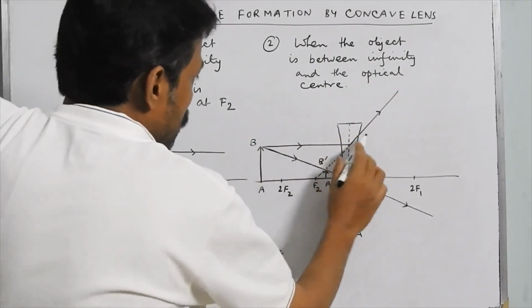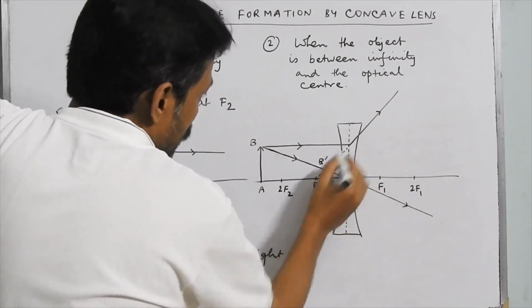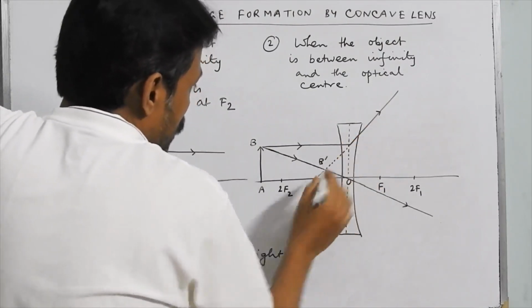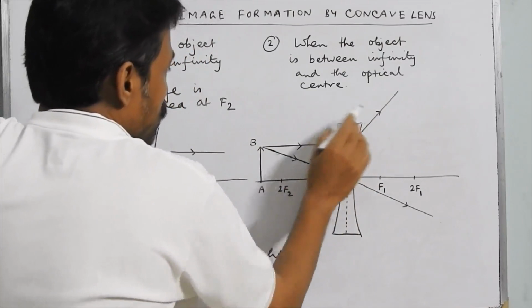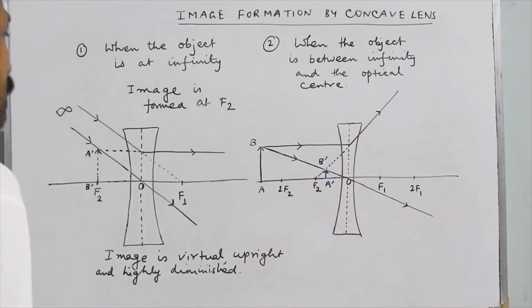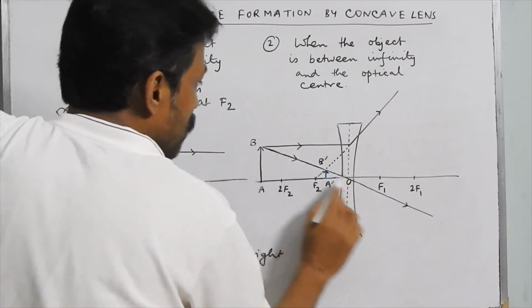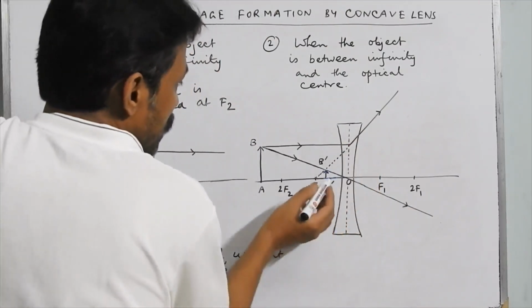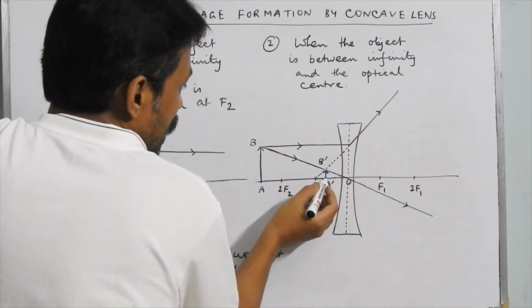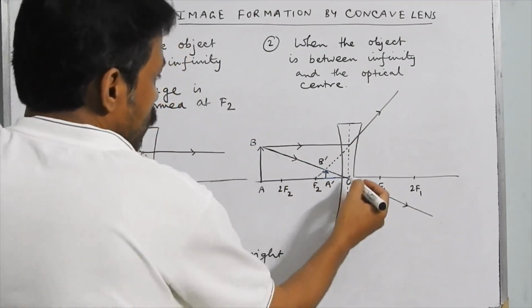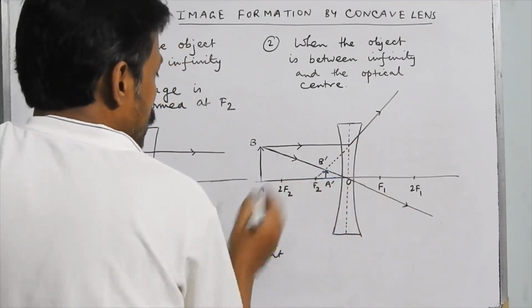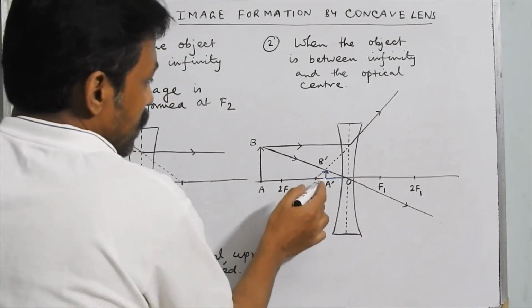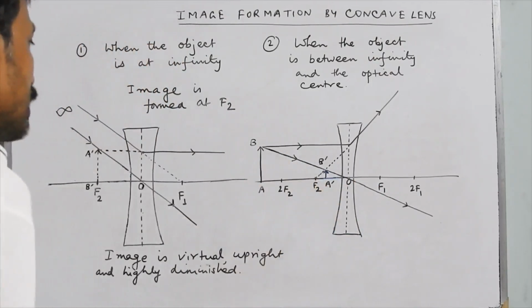That means this ray, which is produced backward, appears to diverge from the second principal focus. And the ray passing through the optical center will remain undeviated. These two rays meet at some point between the optical center and the second principal focus. So the image that we get is a diminished image.